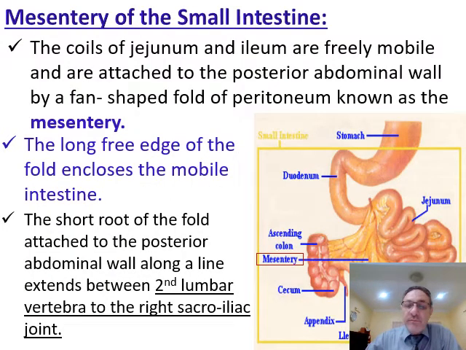Mesentery of the intestine, this is a peritoneal fold. It is fan shaped like this.